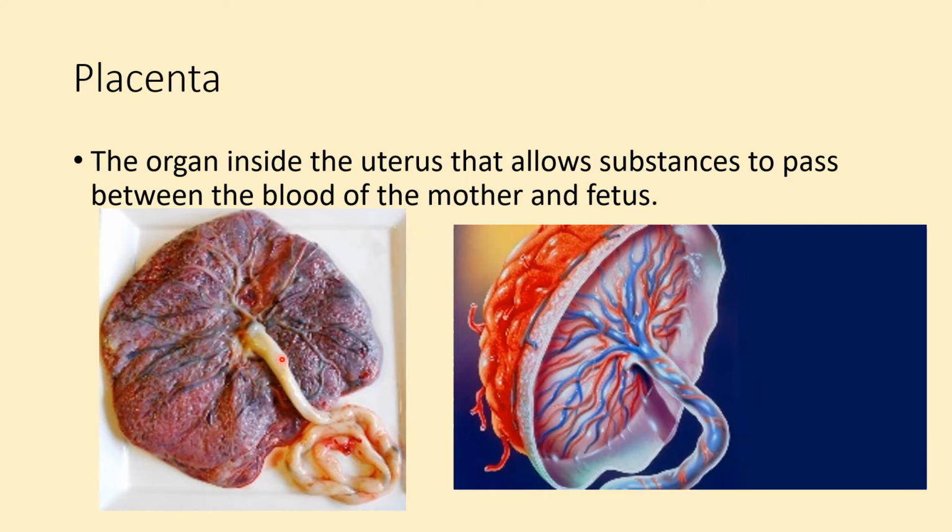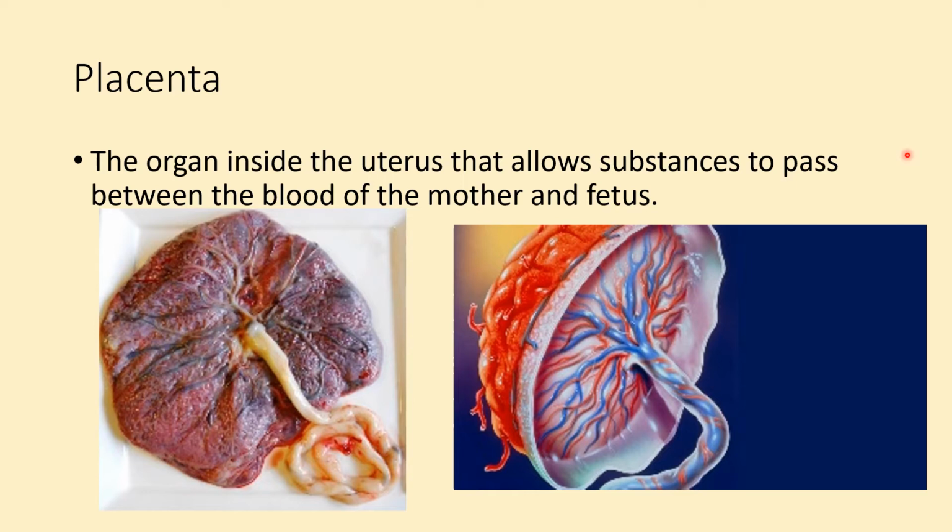The blood of the mother and the fetus are separate, but substances can pass through, and that's really, really important because the mother provides the fetus with oxygen and glucose to keep it alive, and the fetus produces waste products like water and carbon dioxide that it needs to get rid of. So the mother passes oxygen and glucose to the fetus, and the fetus passes carbon dioxide and water to the mother to get rid of it.